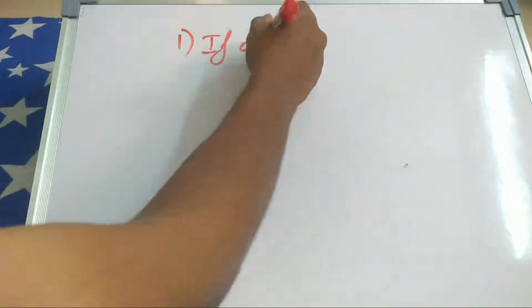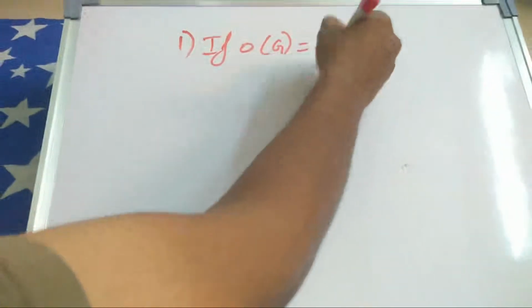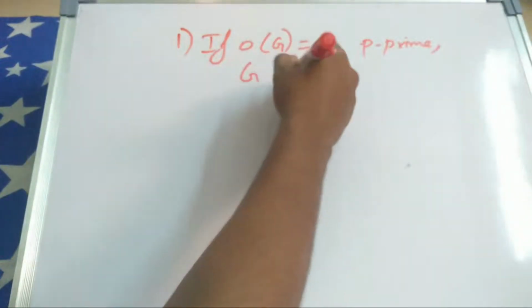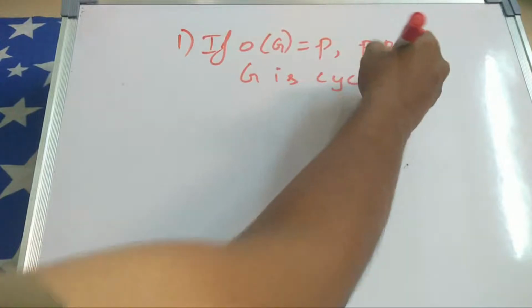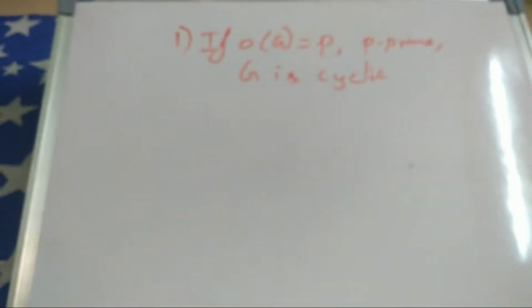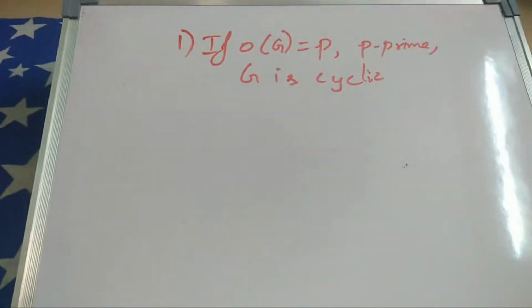If the order of G is equal to P, where P is a prime number, then G is cyclic. So whenever a group is of prime order, it is going to be cyclic. Please be careful with the notation. I said just prime. So whenever we have any group of prime order, it is definitely going to be cyclic.